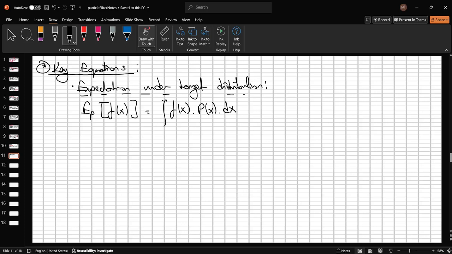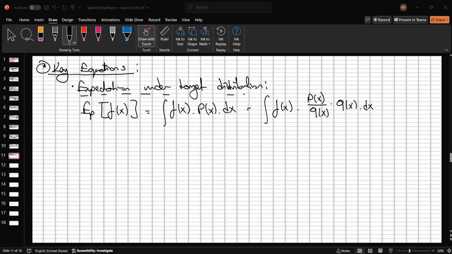The target distribution can be built with this denomination, but we can add one more function: f(x) p(x) divided by q(x) times q(x) dx. Okay, this is the same condition as the previous one.